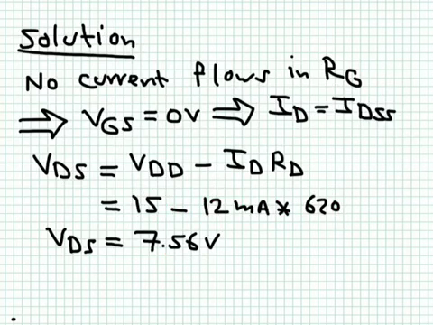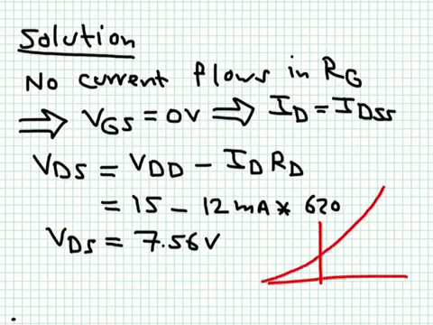Now it should be clear to you why you worry about biasing, because biasing will put you at the right point on the transfer curve. For example, if this is the transfer curve of a depletion type MOSFET, and you are operating here, this will give you a certain slope to the relationship between any change in VGS and the corresponding change in VDS and IDS.